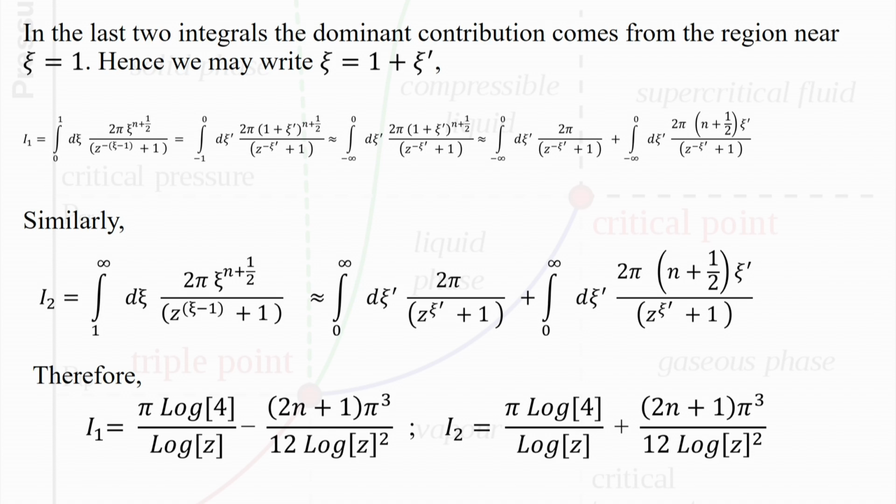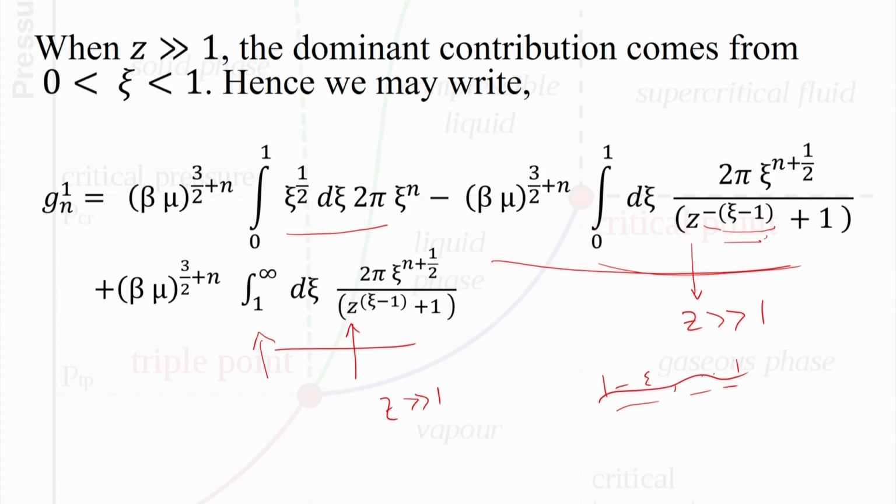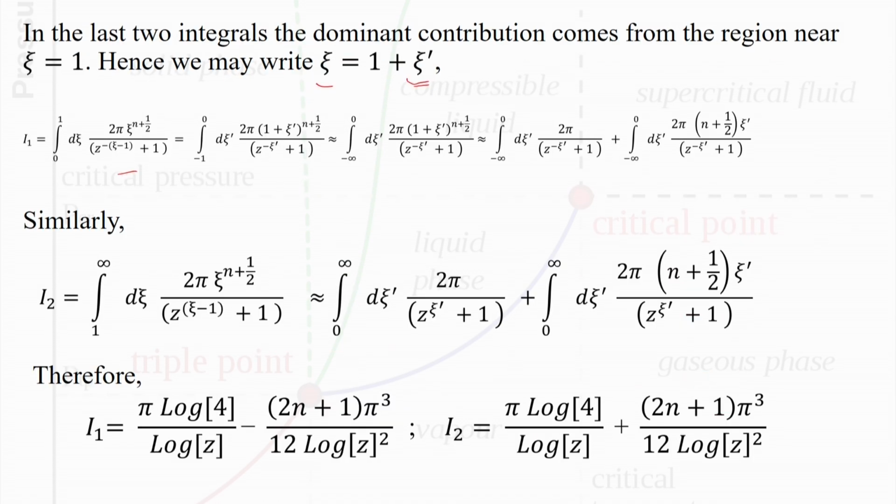So, I am going to make use of this and rewrite it, since xi is always close to 1. I can write it as 1 plus xi dash, and I have rewritten the integration in terms of xi dash.